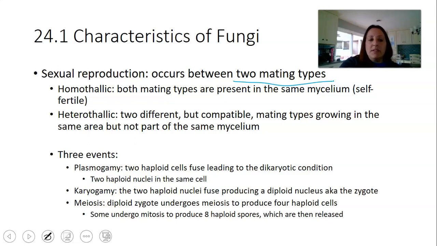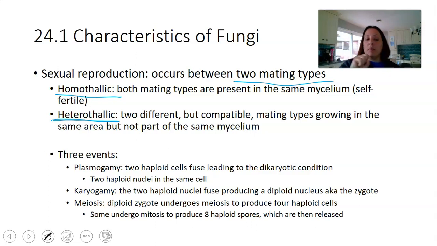Now, sometimes sexual reproduction can be homothallic. You end up with a mycelium that actually self-fertilizes, kind of like self-fertilization in plants. Or heterothallic, and this is what we're going to do in lab. This is when you have two different mating types of two different mycelia that are growing in the same area and are genetically compatible with each other.